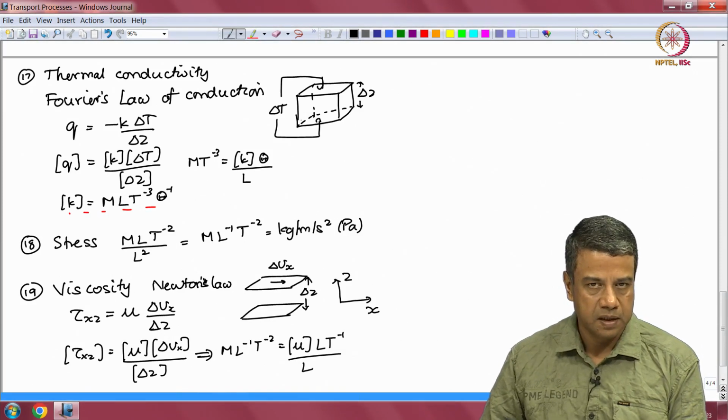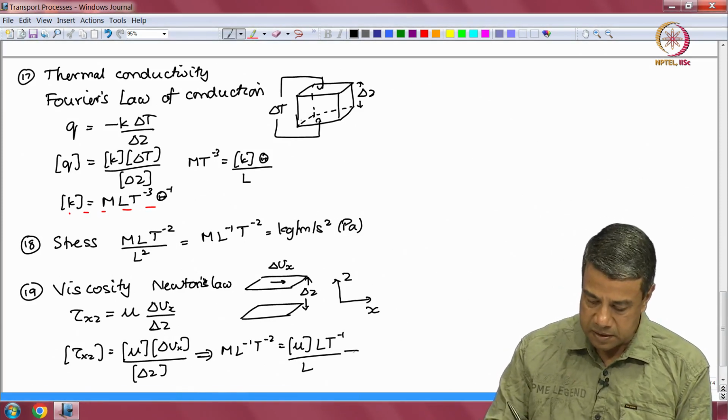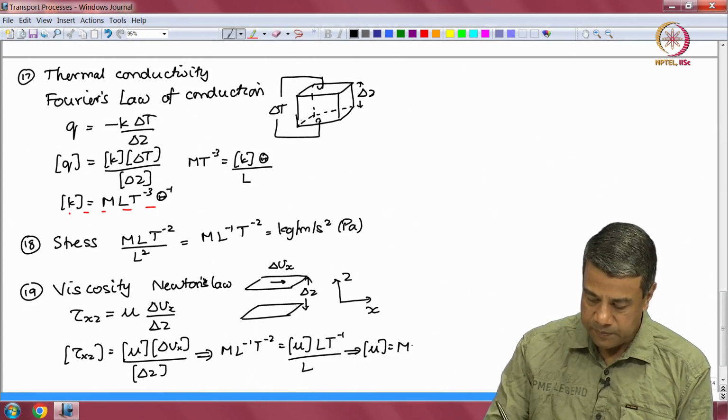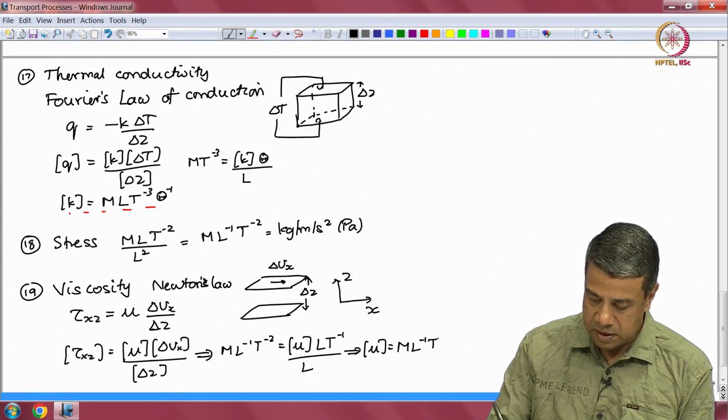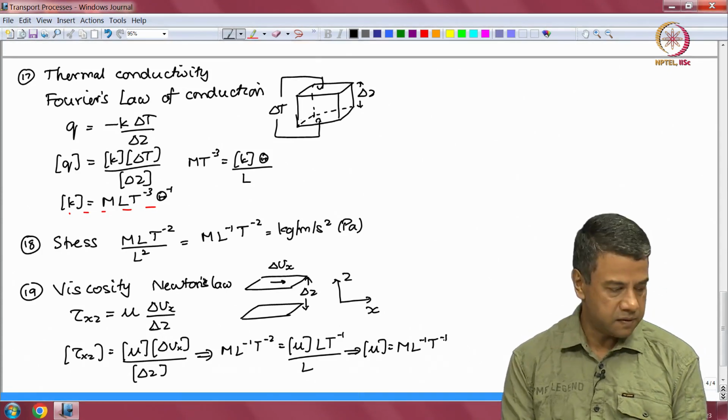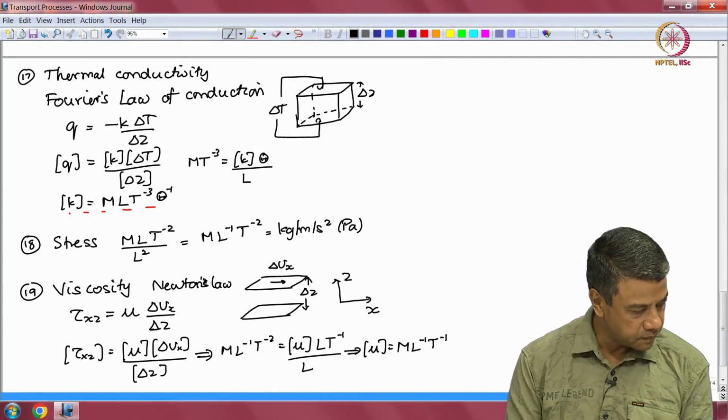And from this I get the dimension of viscosity, m L inverse T inverse. This is 1 Pascal times 1 second.